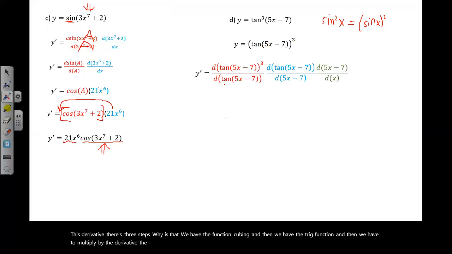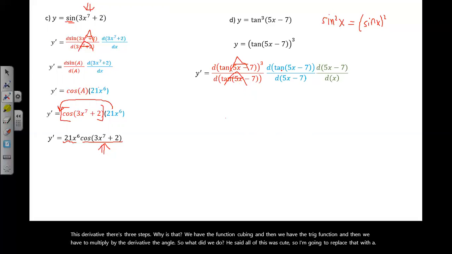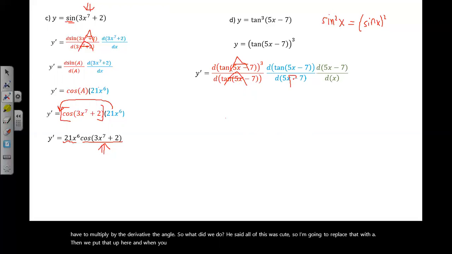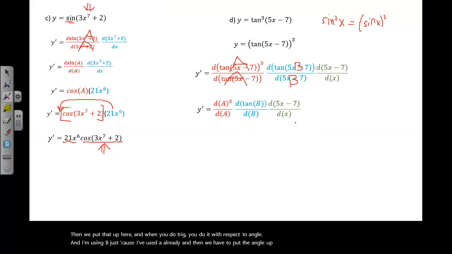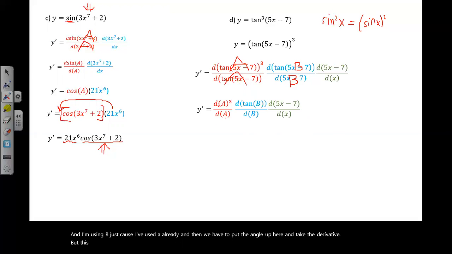So what did we do? We said all of this was cubed. I'm going to replace that with a. Then we put that up here, and when you do trig, you do it with respect to angle. And I'm using b just because I've used a already. And then we have to put the angle up here and take the derivative. Whew. But this is nice and easy once we've got it written this way.